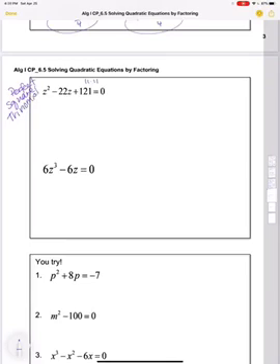And if you don't recognize it, that's okay too, because no matter what, if you say what times what is 121 and added together is negative 22, it's negative 11 times negative 11 and negative 11 plus negative 11. So you would have z minus 11 and z minus 11, which that's the same thing, right?